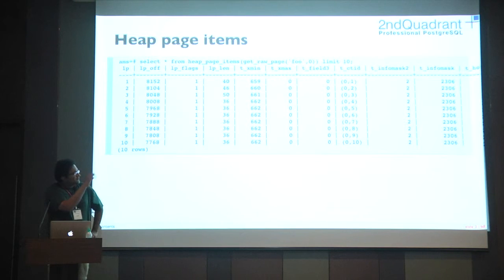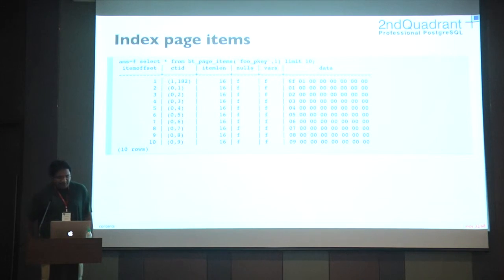The fields that have fallen off the end of the slide aren't particularly interesting. There are only 2 of them anyway. So this shows us the first 10 line pointers, and in this case the first 10 tuples, because the line pointers point directly in order at each of the tuples. Nothing interesting has happened to this table yet. It's just a bunch of tuples that we added.